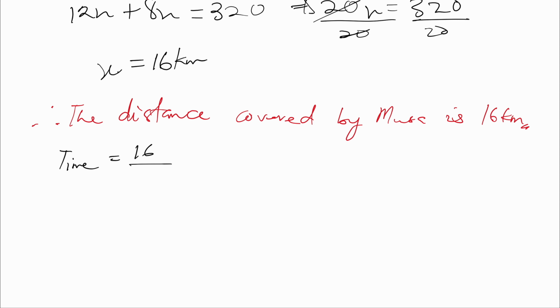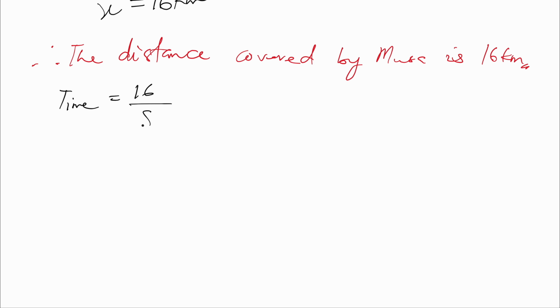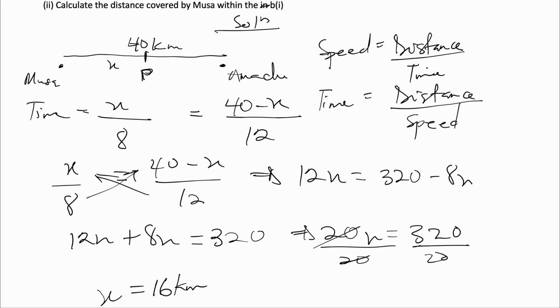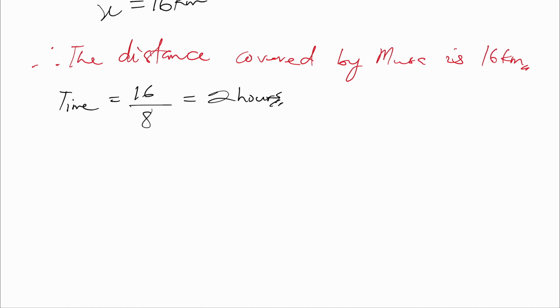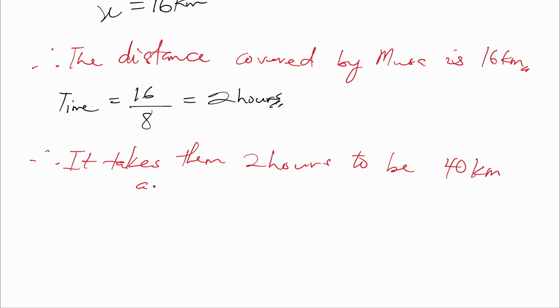The speed for Musa is 8 kilometers per hour. So 16 over 8 is 2 hours. So therefore it takes them 2 hours to be 40 kilometers apart.